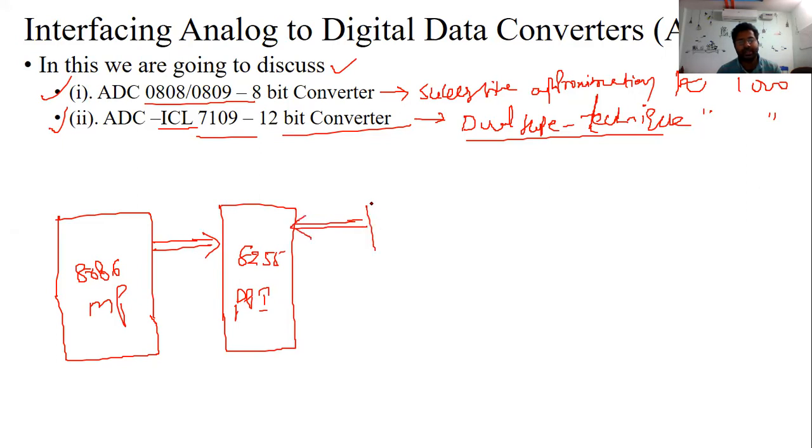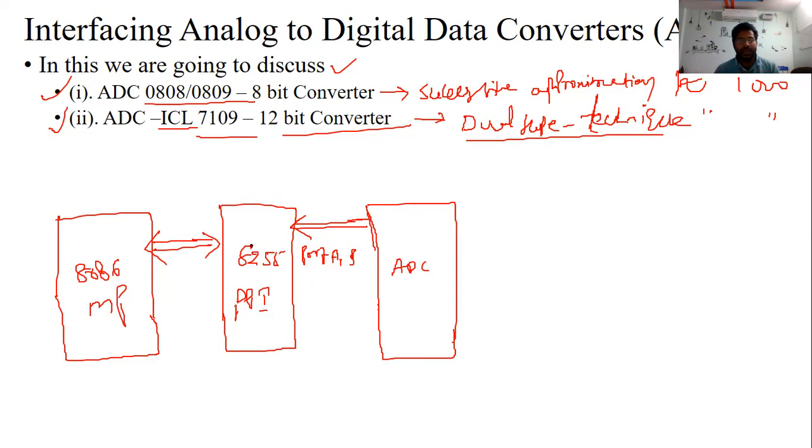See this arrow, this is dual way, this is only one way. This is port A or B, whatever, and this is the ADC. So this is the basic structure to interface any ADC to the microprocessor. Between them, we have the 8255. Our main discussion is how this ADC is interfaced to the 8255 PPI.